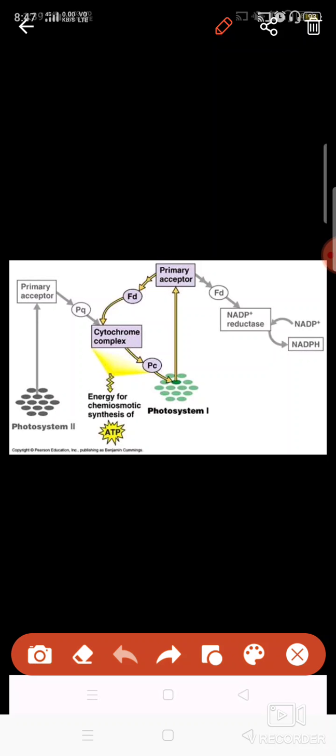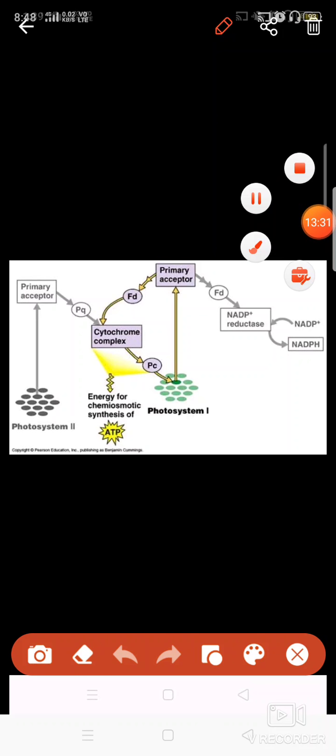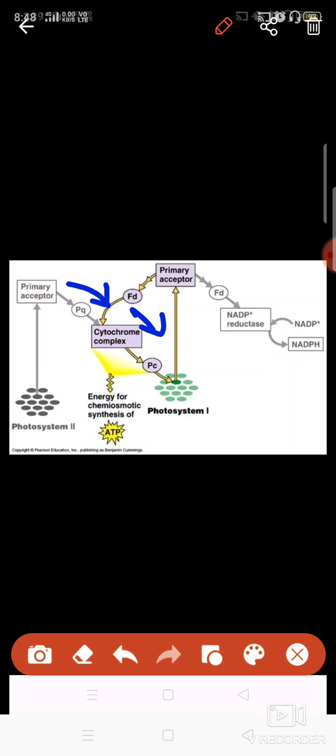In the later half you will see that this compound and this compound are used in the dark reaction when glucose is formed. So this is the overall light reaction: first light energy is absorbed by photosystem 2, this electron passes its energy to the primary acceptor, then to different substances, then to photosystem 1, which absorbs light, reaches a higher level, and passes its energy to the final acceptor, ferredoxin.